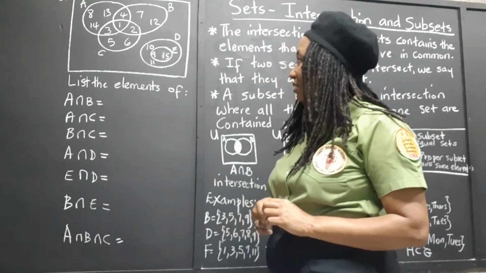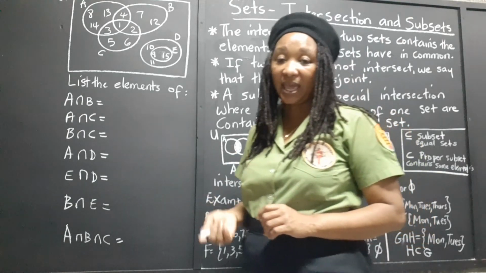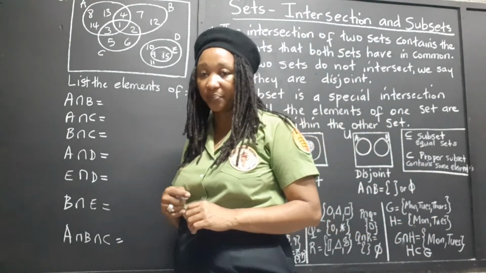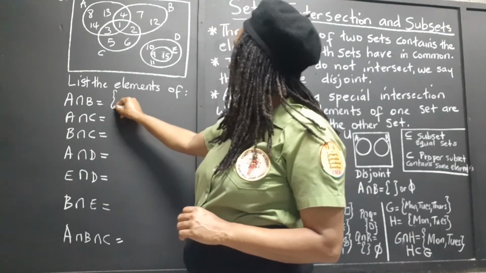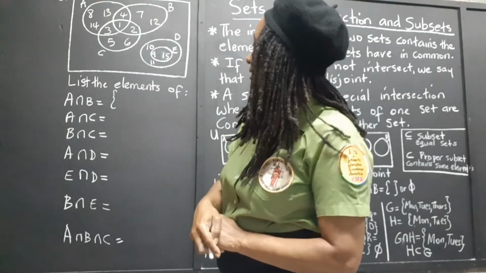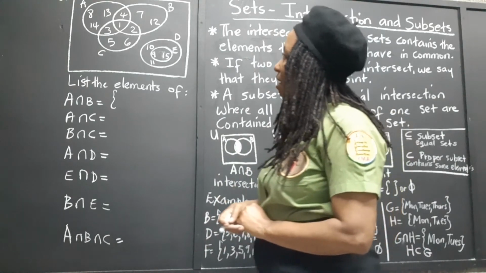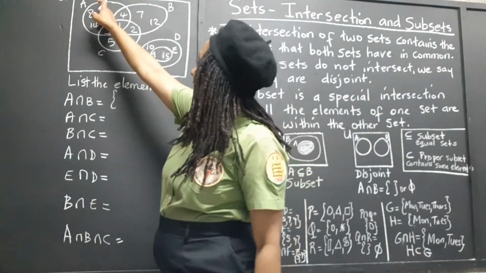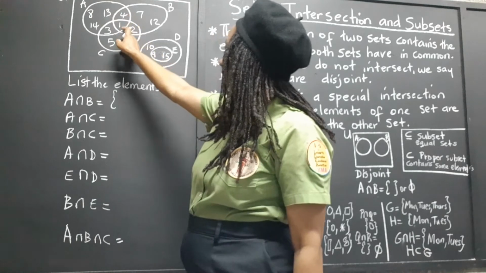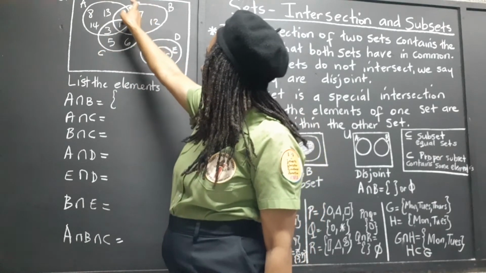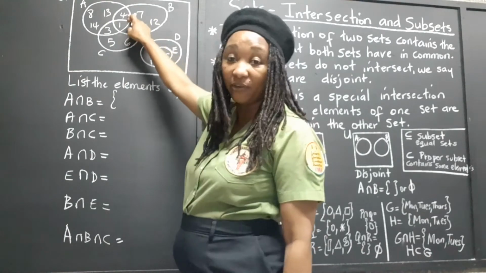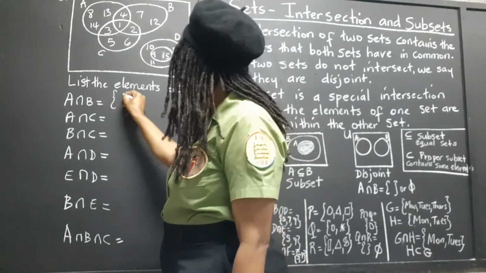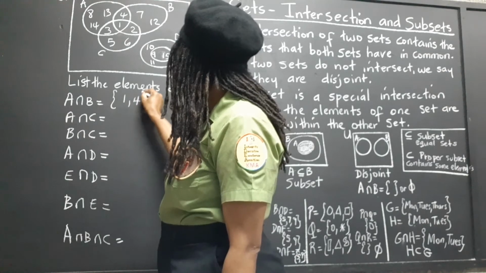Based on the Venn diagram and looking at the different sets, what would be A intersect B? What is common to A and B? There are actually two elements. If you look where set A overlaps set B, we see that the 1 and the 4 are common to both sets.